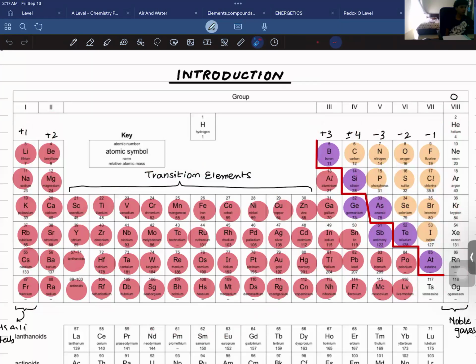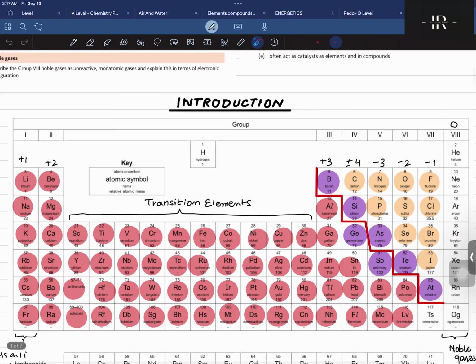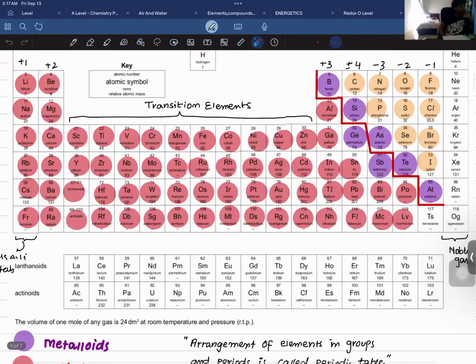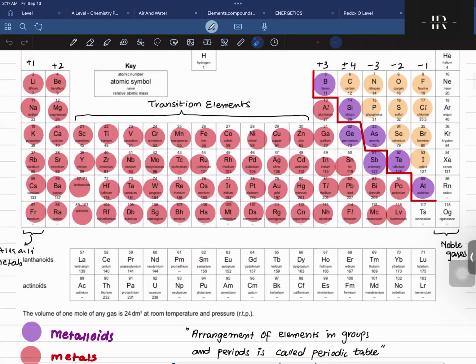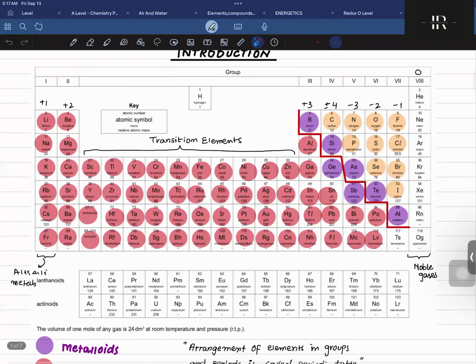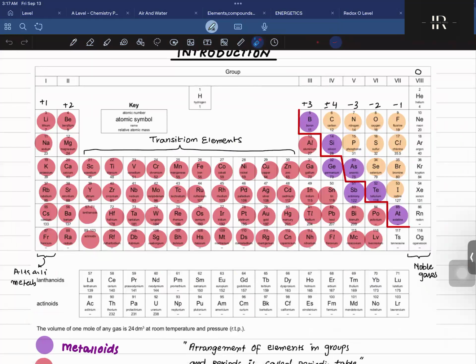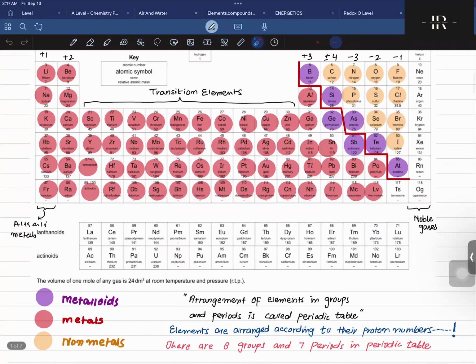So it's the arrangement of different elements that is known as the periodic table. Precisely, we have metals, non-metals, and metalloids in the periodic table.